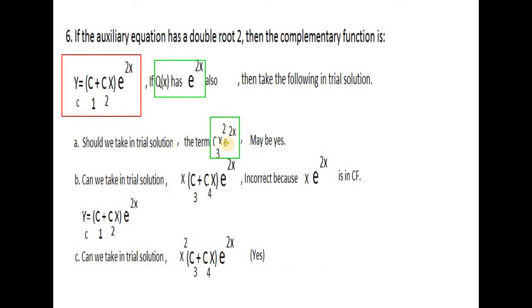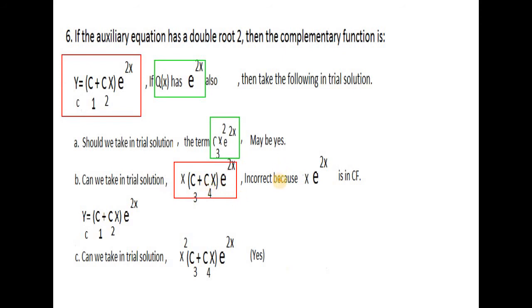Maybe yes, we can take it. If e power 2x exists in both yc and q, then to make it a little bit different, we have to multiply it by x square. So this is our trial solution. If we multiply by x with this expression, can we take this one in the trial solution?